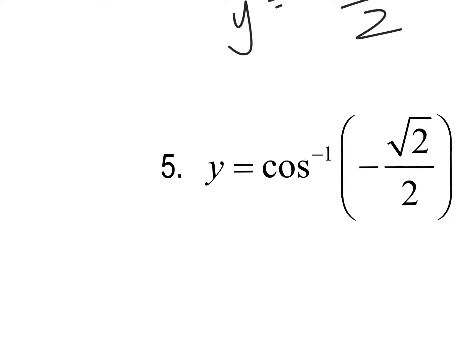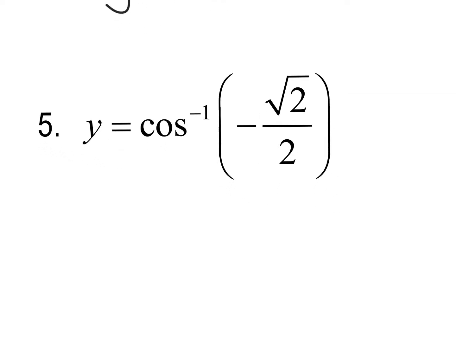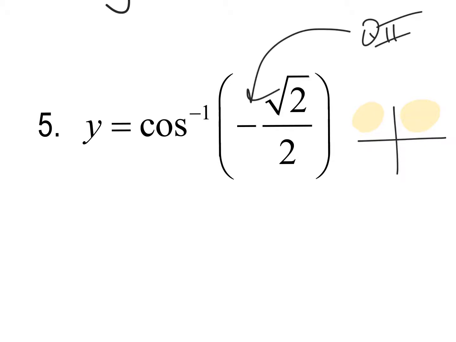All right, in this case, where is the x value negative radical 2 over 2? And so remember for cosine, our options are quadrant 1 or quadrant 2. Remember that's from 0 to pi. That's where we're restricting our cosine answers to. And so this is going to be in quadrant 2 because that's where the x value is negative.